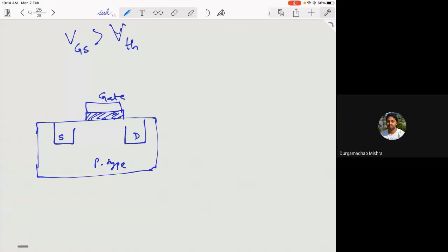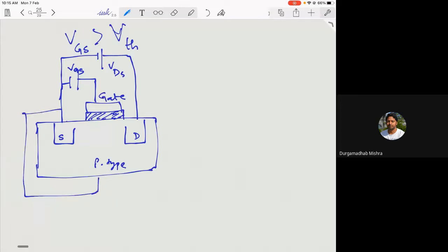So the connection is again the same. Everything remains the same. This is connected to the positive terminal. Okay, so this is your VDS, this is your VGS, and this is again connected to the bottom of the P type.